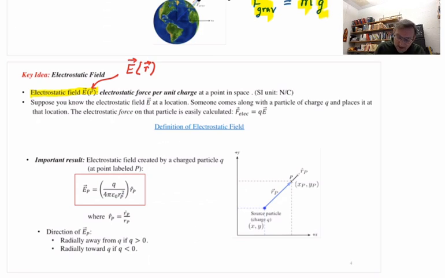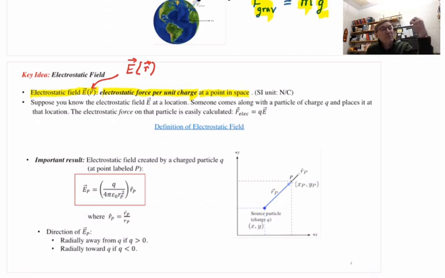All right, electrostatic field. Remember, gravitational field was gravitational force per unit mass. Electrostatic field is electrostatic force per unit charge at a point in space.